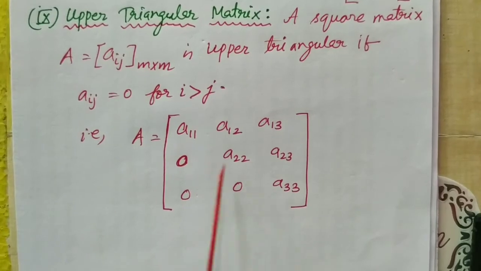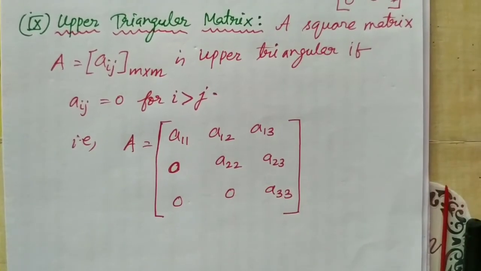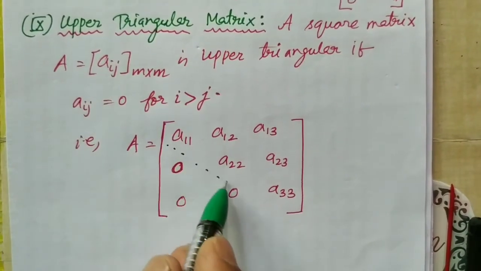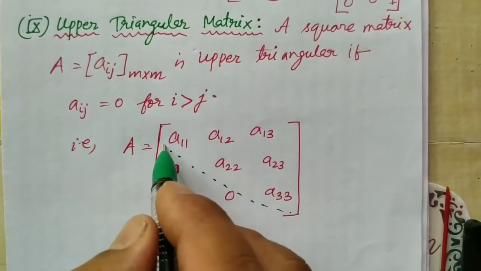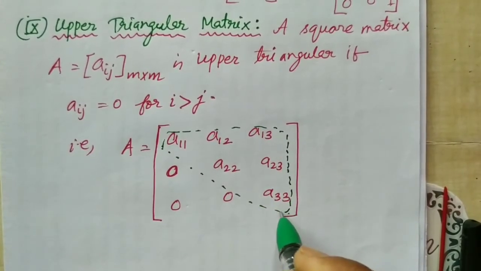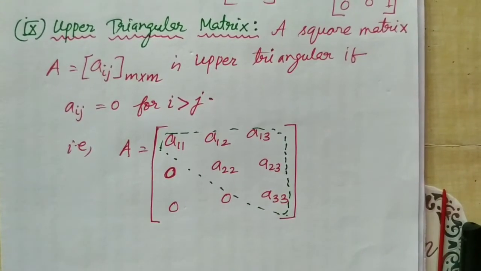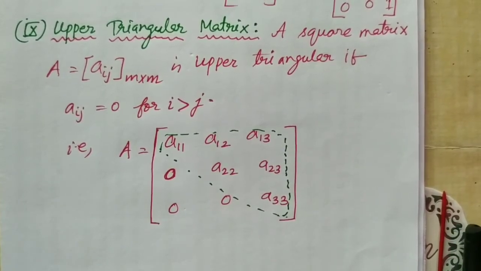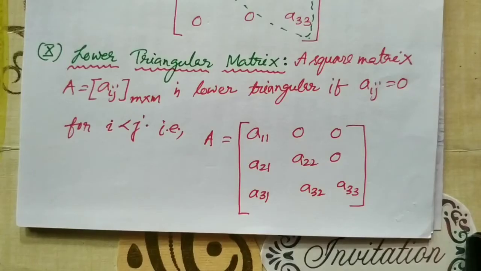That is why this matrix is known as an upper triangular matrix, because if you look carefully, the non-zero elements occupy a triangle at the upper portion of this matrix. And this has use in the next chapter, determinants.